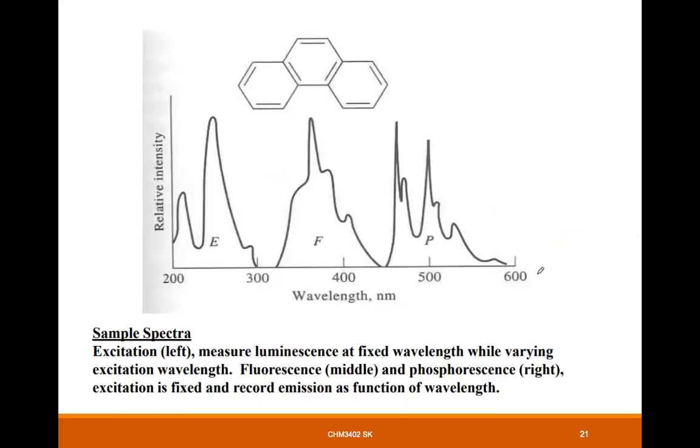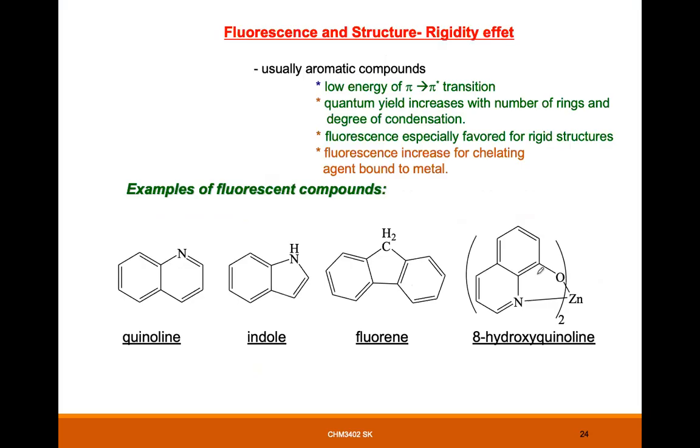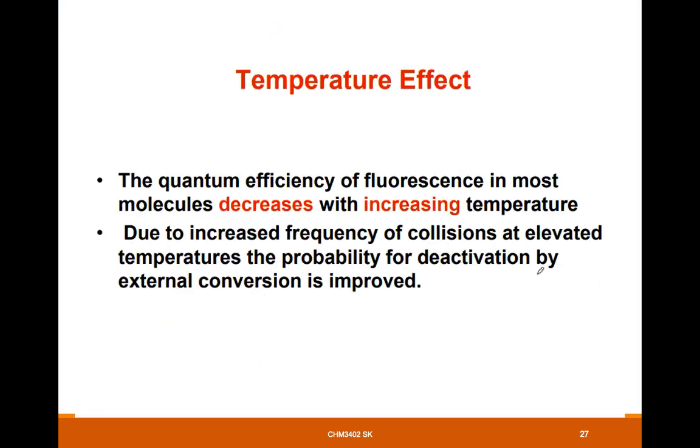So this is what we usually don't want, so try to avoid heating up the solution if you are working in fluorescence. If you want to analyze using fluorescence, make sure it is at room temperature.